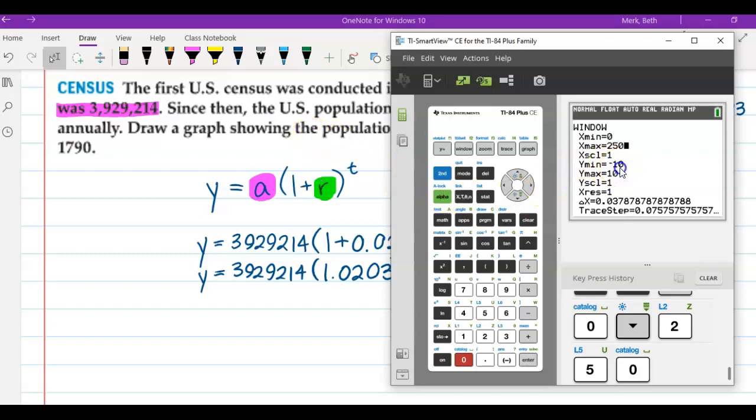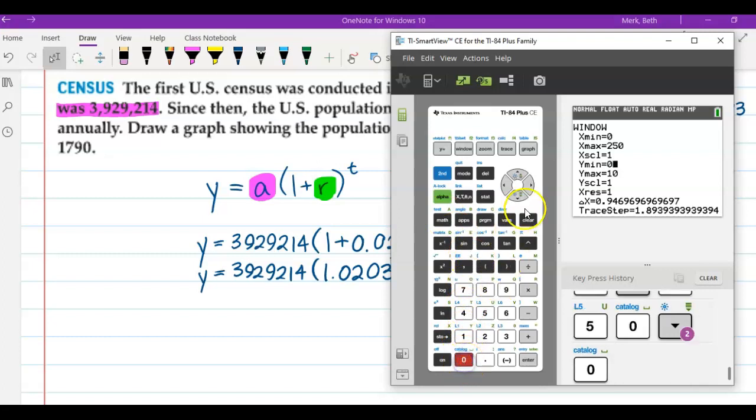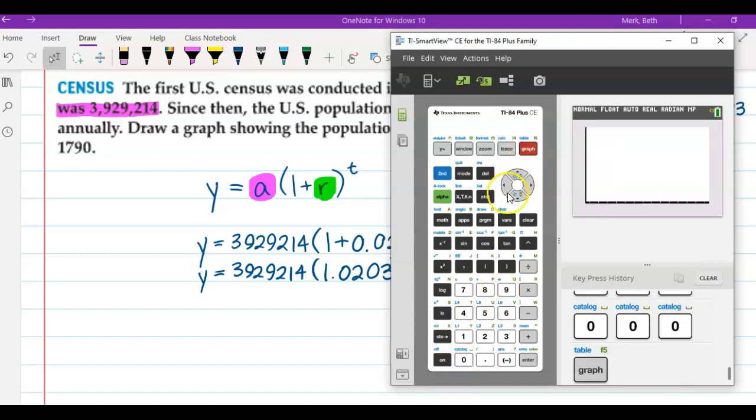And our y value, population, well, the population is never 0 or below 0, so we'll start it at 0. And we know that if we go up to 4 million, that should be enough. So there's 4 million. And now when I look at the graph, oh, it's not showing up.